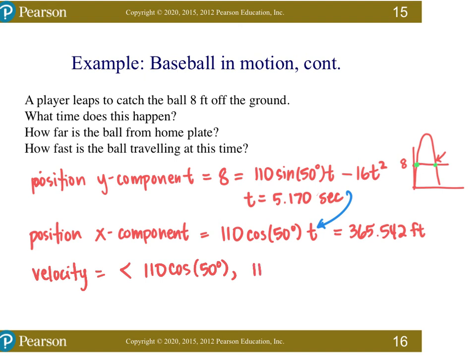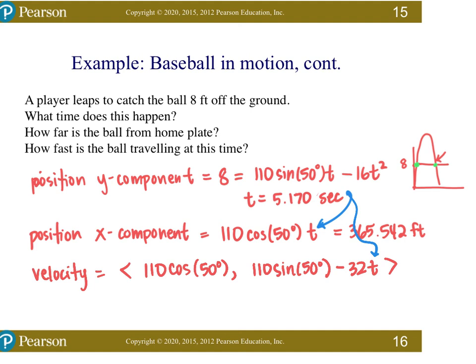It's also 110 sine 50 degrees without the t, but minus 32t. Now we do have that t value. So again, my alpha will come in handy when I want to plug in alpha A into that.